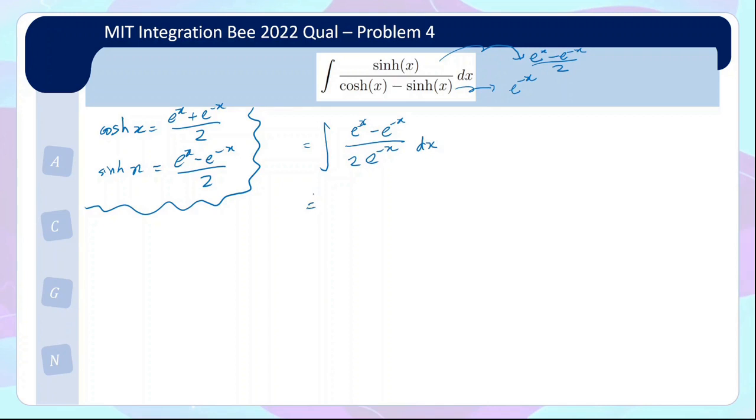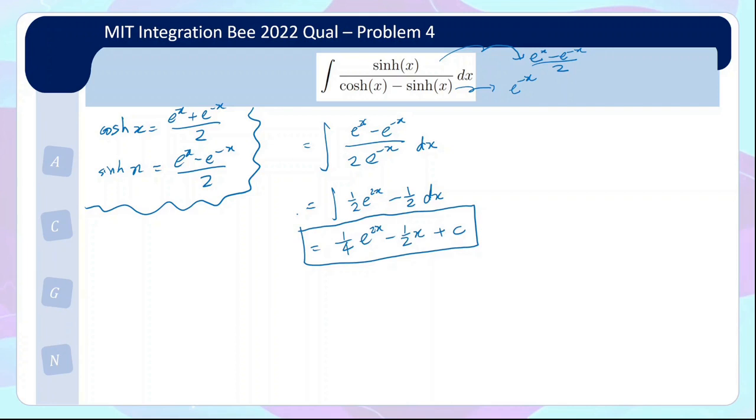And so this is the integral of half e to the 2x minus half dx. And this is directly just 1/4 e to the 2x minus half x plus c. So although the hyperbolic makes it look really complicated, if you convert to exponential, it is a standard exponential integration.